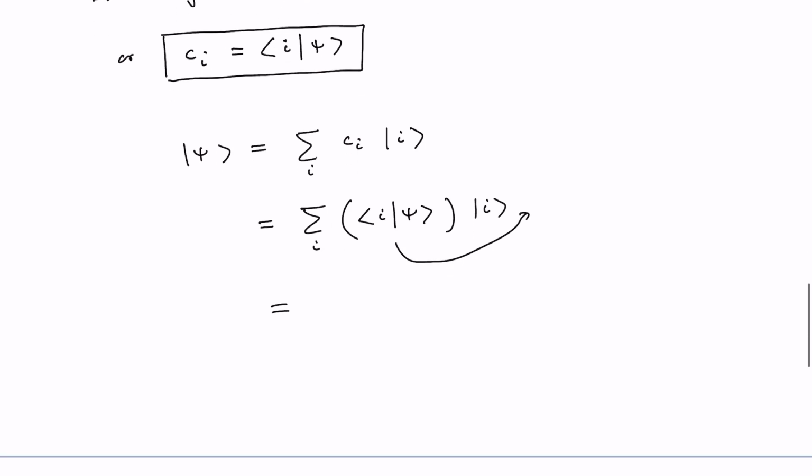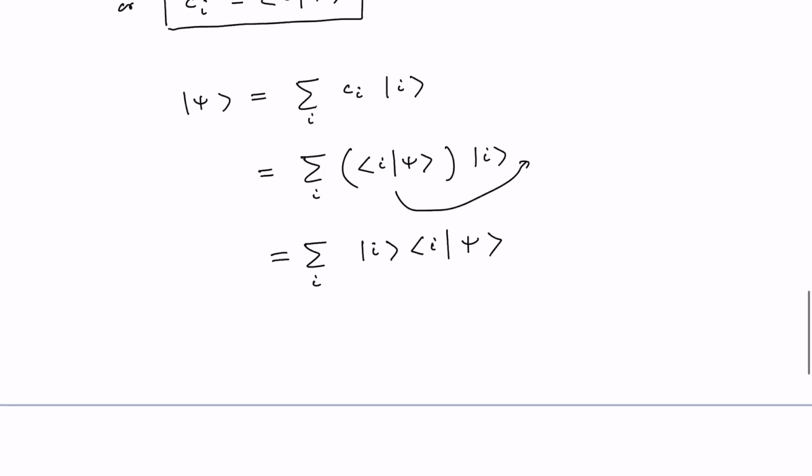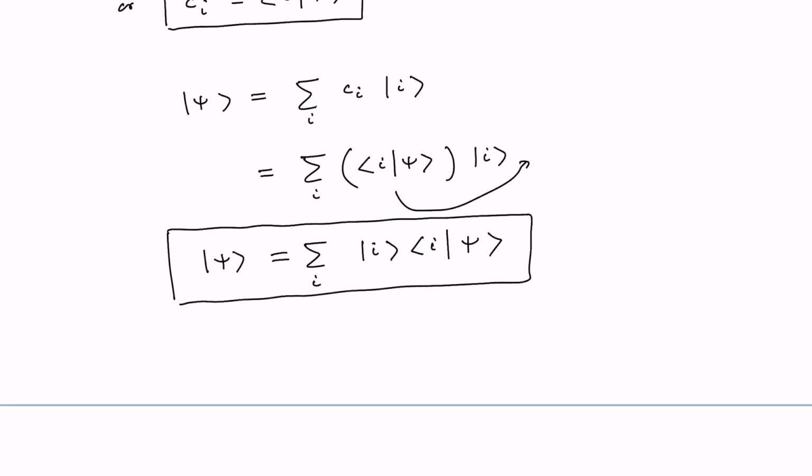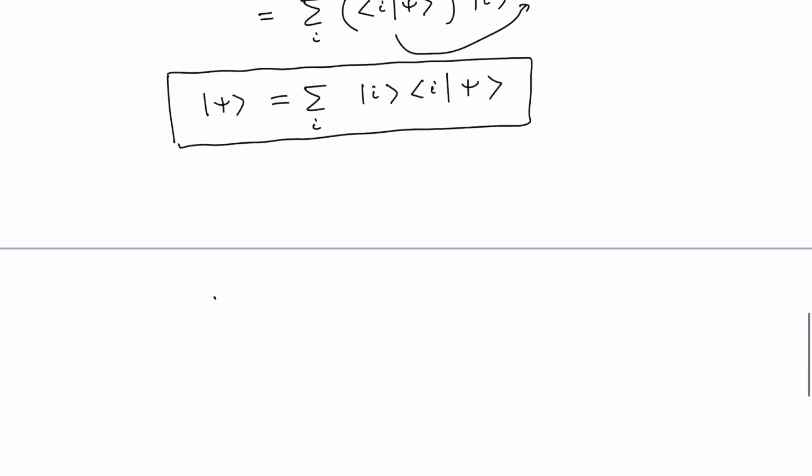So if I do that, I get the sum over I of ket I bra I, and psi. Now if you look at this expression carefully, I can write this quantity, ket I bra I summed over I.